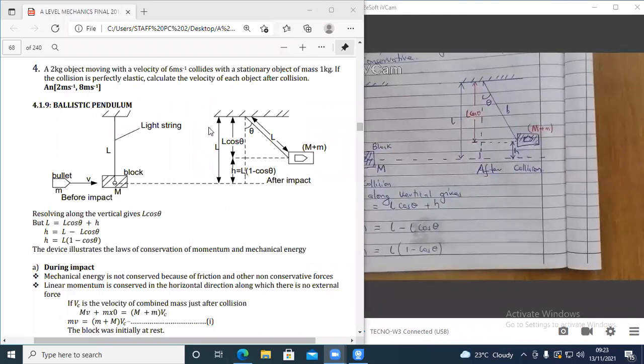So let's continue with our notes. The device illustrates the law of conservation of momentum and mechanical energy.